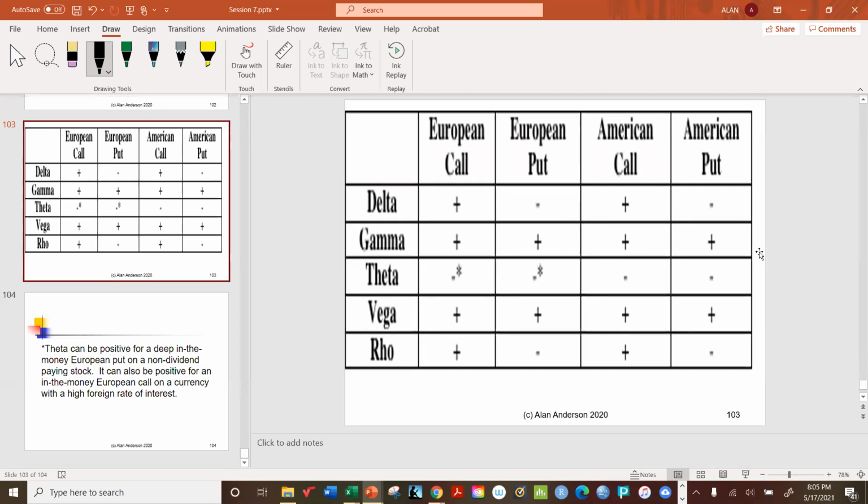Gamma, it's always positive. Theta, it's almost always negative, except for those weird cases, which only works for European options, by the way. The vegas are always positive, and the rhos, like the deltas, are positive for calls and negative for puts.